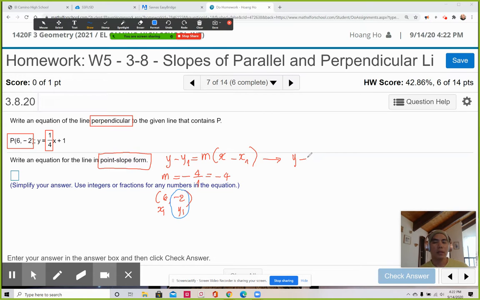Subtract negative 2 equal m, which is right here, negative 4, and then x subtract x1. x1 happened to be 6. So clean it up a little bit. Negative, negative become plus, and then negative 4, x subtract 6. So that is the answer because they want it in point slope form. So give them exactly what they want.